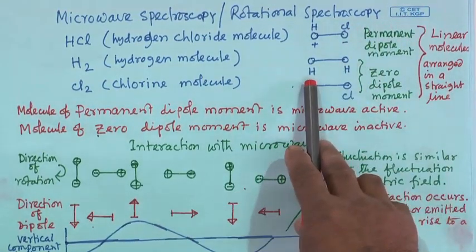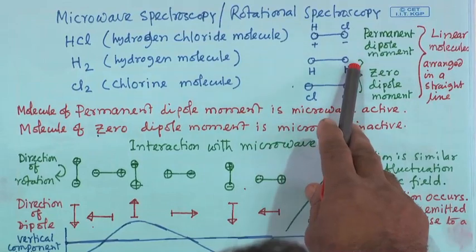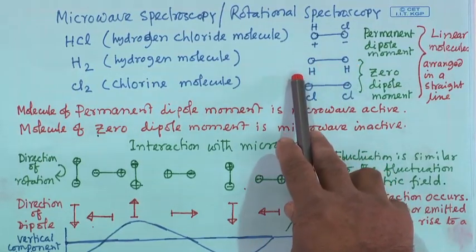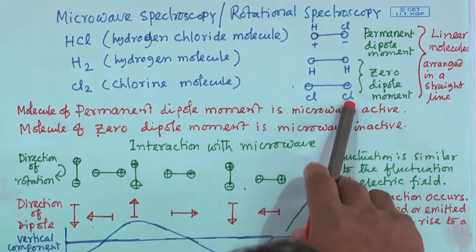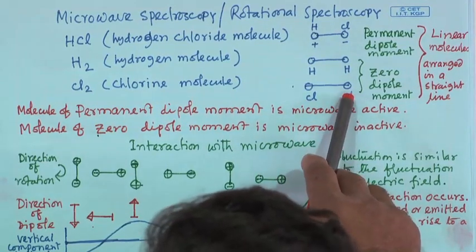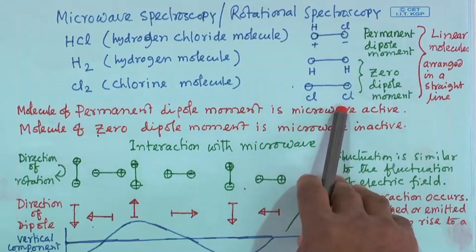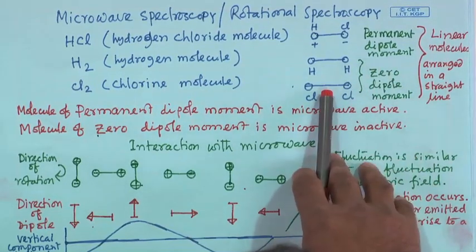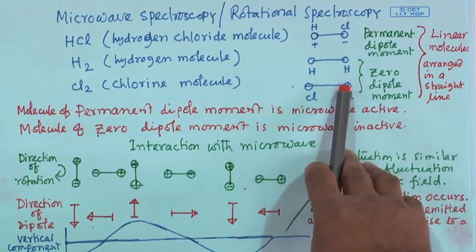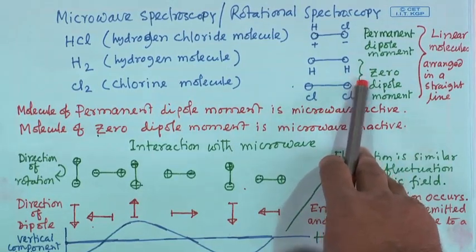And the H2 molecule or Cl2 molecule don't have a permanent dipole moment, so it has zero dipole moment.